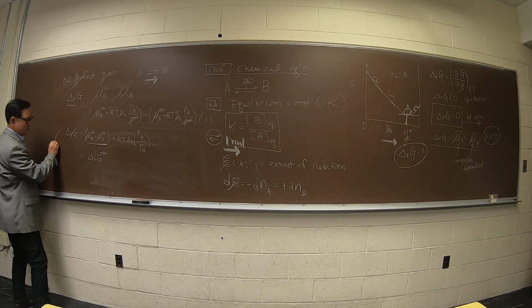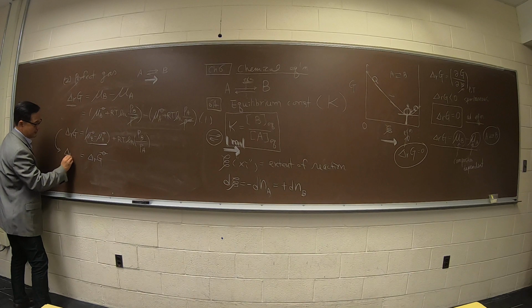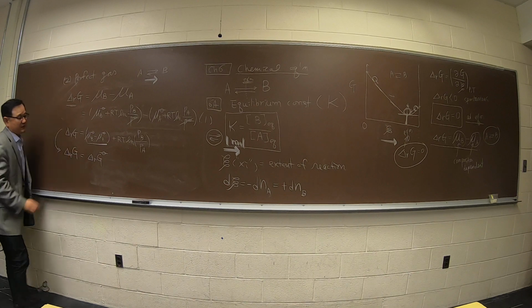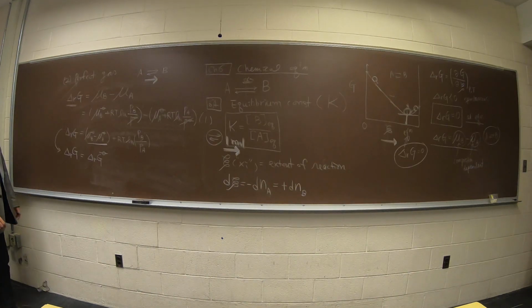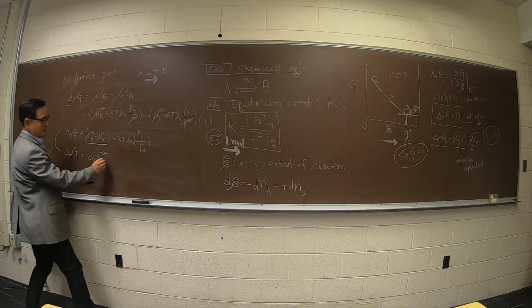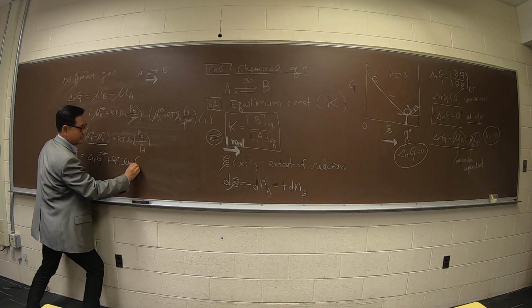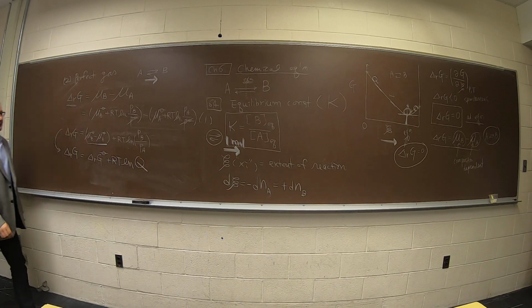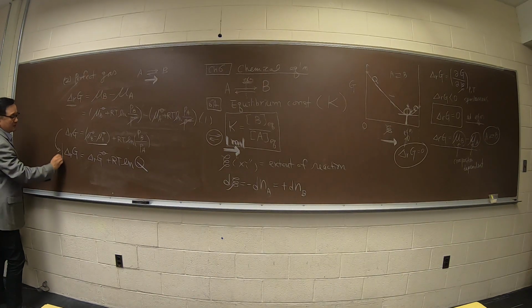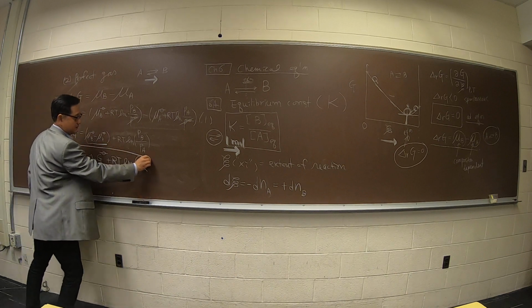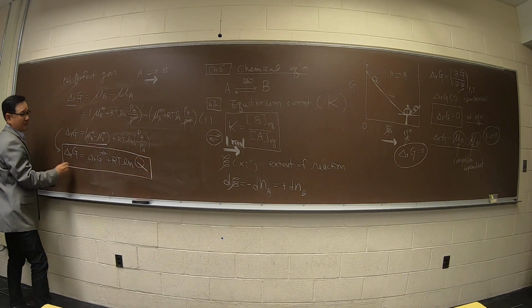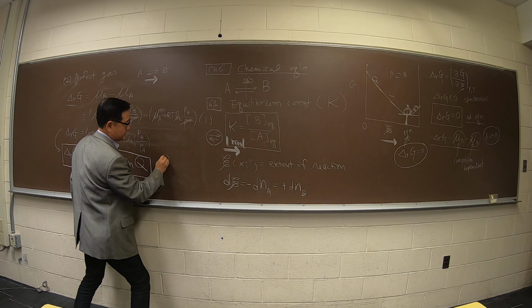So all of a sudden this equation has something that you have probably seen before in a general chemistry textbook: delta RG standard state plus RT ln Q. So this is now the generic form.